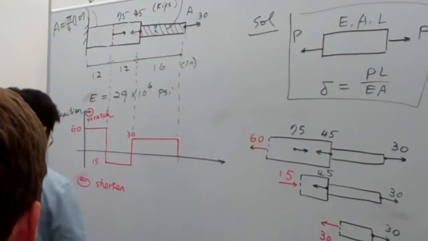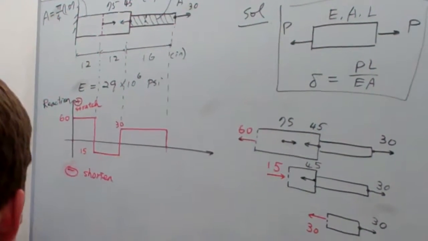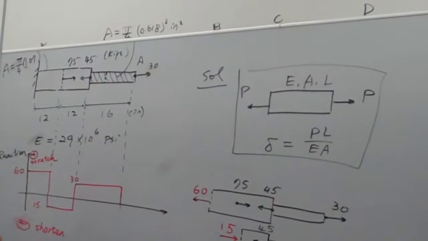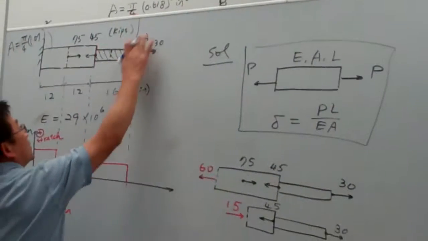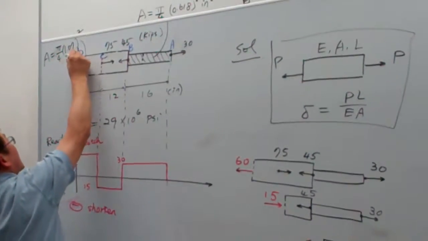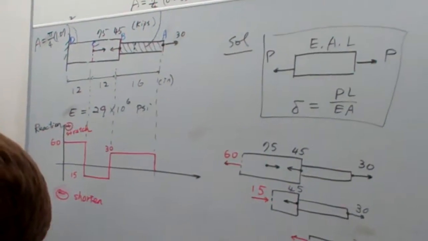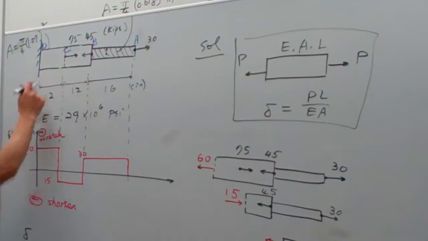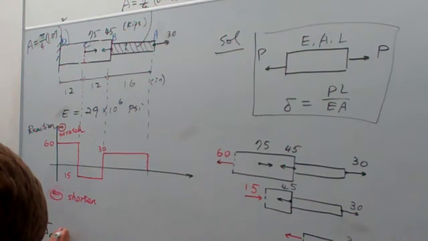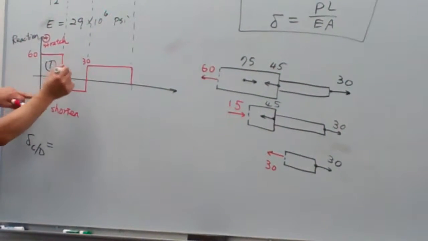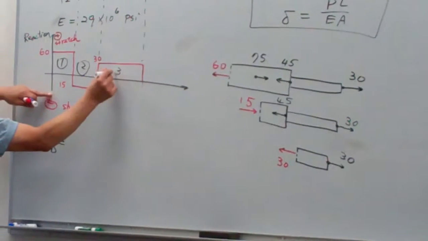For this segment, let me label it. This is point A, this is point B, this is point C, and the end is point D. So for this segment, delta is D relative to C. Right now I'm working on the first, second, and third.